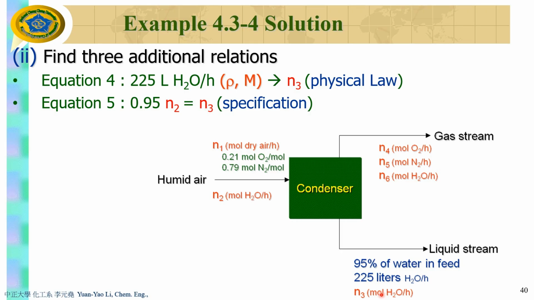Okay, so you have number 5. How about number 6? Because you have 6 unknowns, you need to find 6 equations. Can anybody tell me, can you find out number 6 equation? No, unfortunately, there is no more information. You can get the number 6 equation. So as a result, you cannot get these answers of this problem, or you can just get partially answer of this problem.